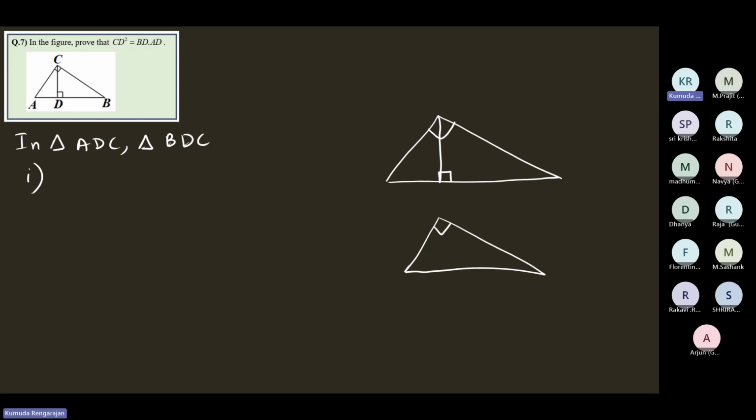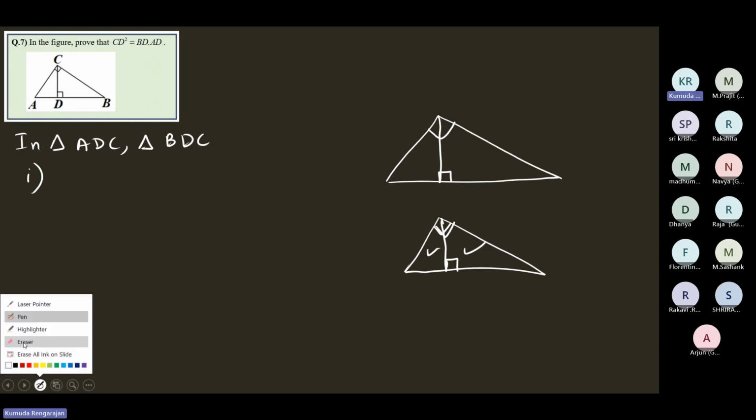Actually, this theorem is now deleted. So this is, if an altitude, if a perpendicular is dropped from the vertex containing the right angle in a right triangle, then the two triangles on either side of the perpendicular are similar to each other and to the whole triangle. This theorem is removed from your syllabus.